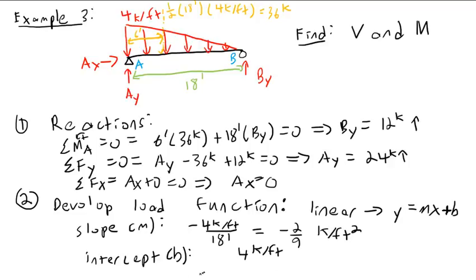So we combine this together, and w of x is equal to 4 minus 2 over 9 x. We have our w as a function of x.